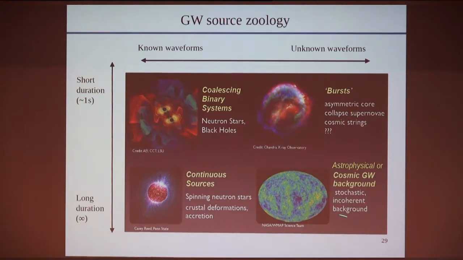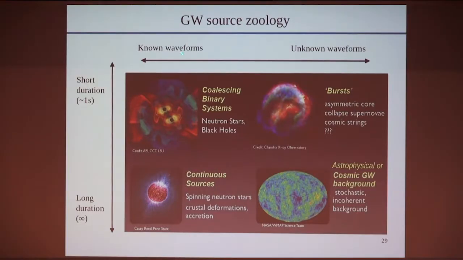But for each category of sources, I was telling you when the waveform is known and when the waveform is not really known. And for each type of source, the techniques will be different. For instance, when you know perfectly the waveform, you will use what we call matched filtering techniques to extract the signal from the data.